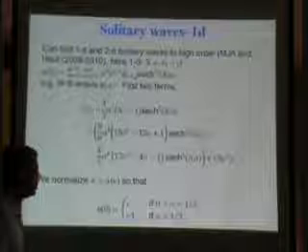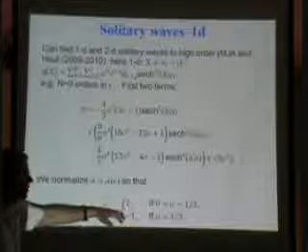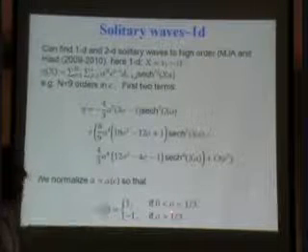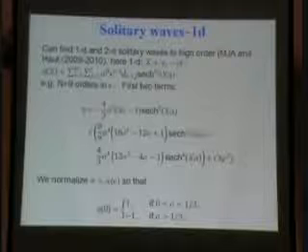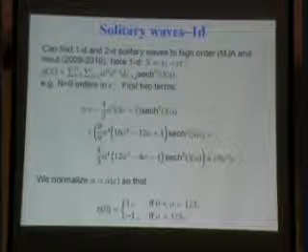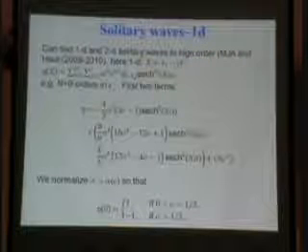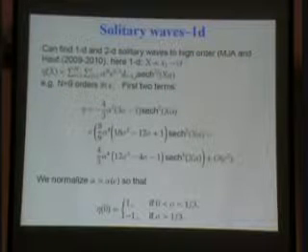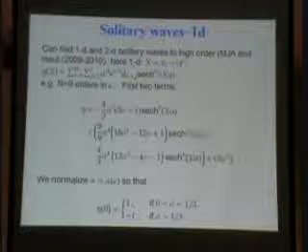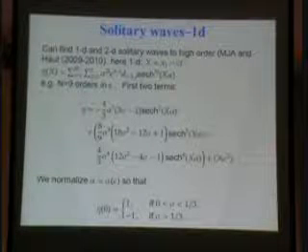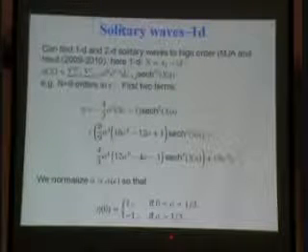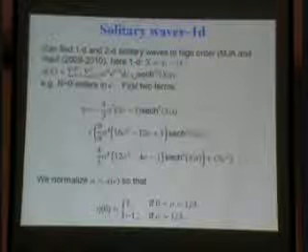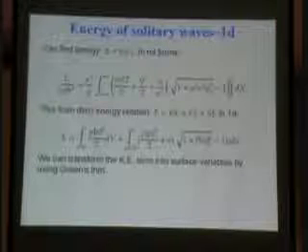And eta of 0, we normalize to be 1 if sigma is between 0 and a third, and minus 1 if sigma is greater than a third. That means the maximum occurs at the origin, and either it's an elevated solitary wave or a depressive solitary wave. If sigma is greater than a third, you get depressive solitary waves.